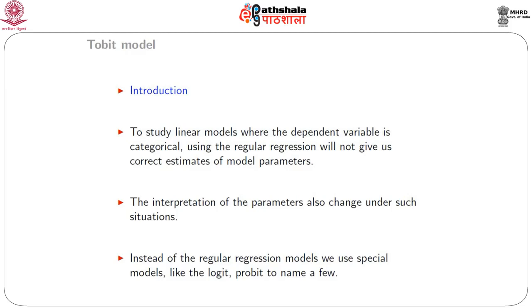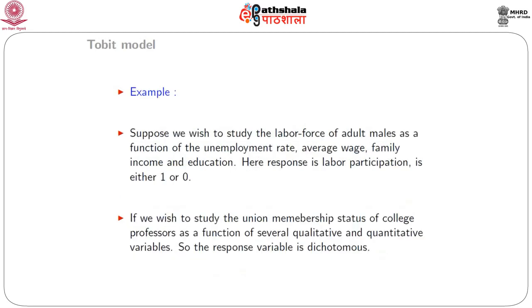However, a more uncommon or lesser known model is the Tobit model, which comes in handy when we have censored data for the response. For example, if we want to study the labor force of adult males as a function of the unemployment rate, average wage, family income and education, etc. Here, the response variable is the labor force participation.